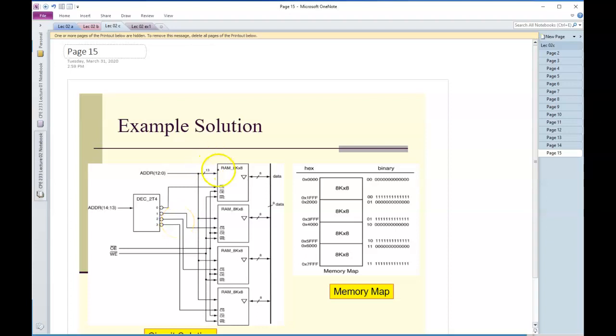Once again, all 4 of these devices share the same address lines. You can see them shorted together there. They also share the same control lines, but what is different is I'm using this 2 to 4 decoder to turn only one of these devices on at a given time.